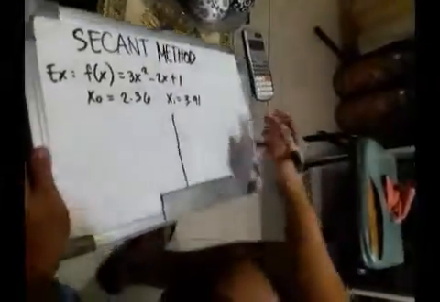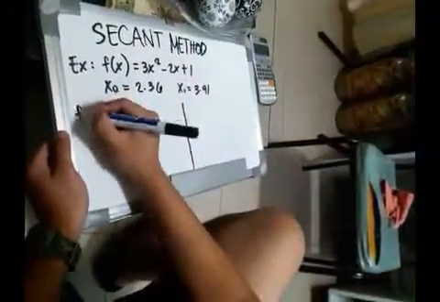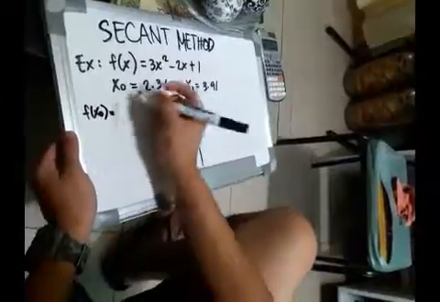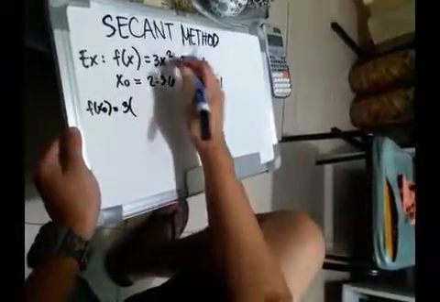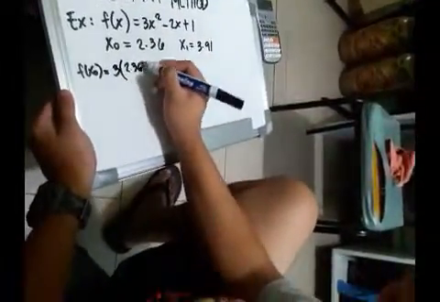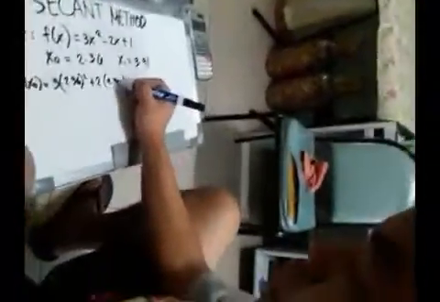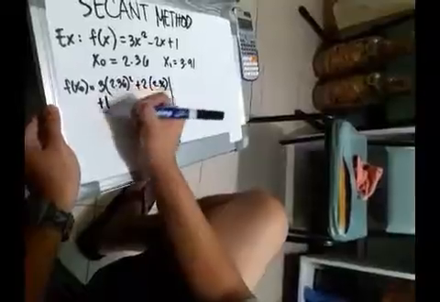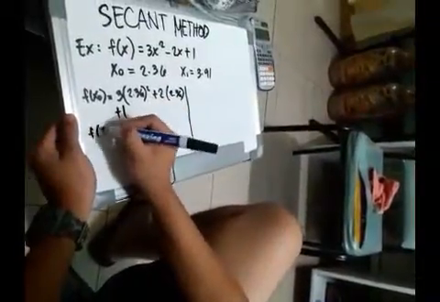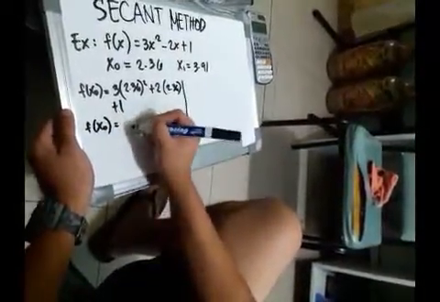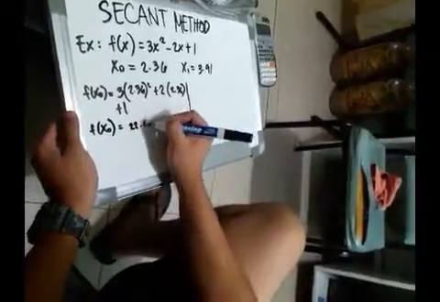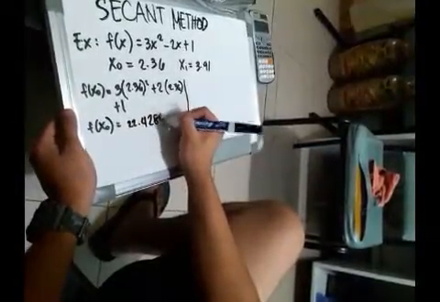So let's start. For the function of x sub 0, we just plug in here: 3 times 2.36 squared plus 2 times 2.36 plus 1, and f(x sub 0) is equal to 22.4288.